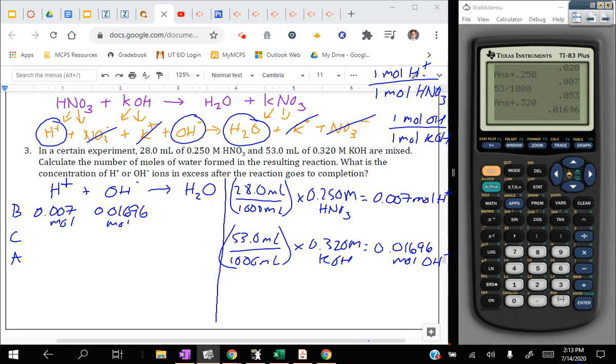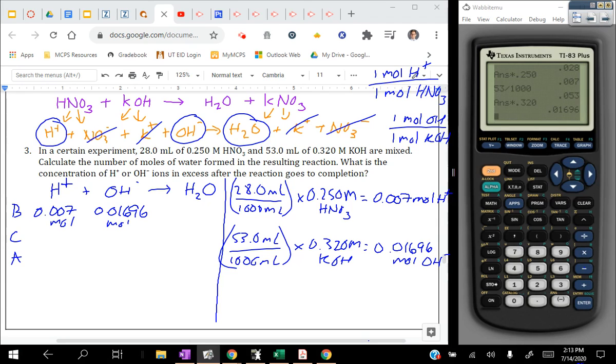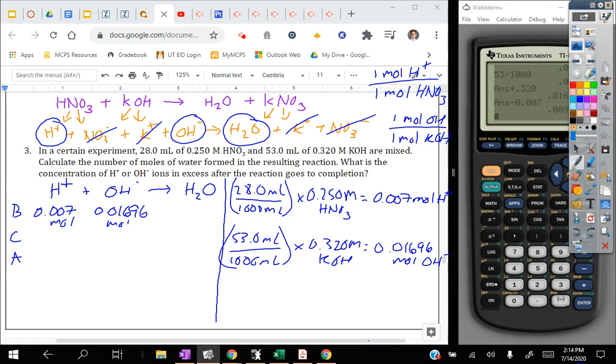Now, I can see that the moles of H is much smaller than the moles of OH, so that will be my limiting reactant. So I'm going to go ahead and subtract that amount, 0.007, to find my remainder, 0.00996 moles remaining. So here's my change.